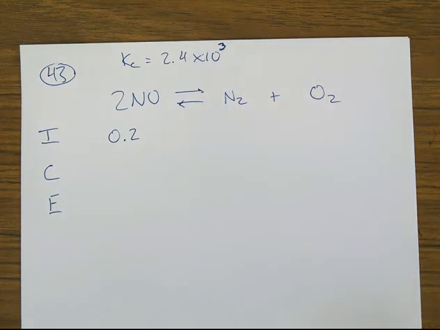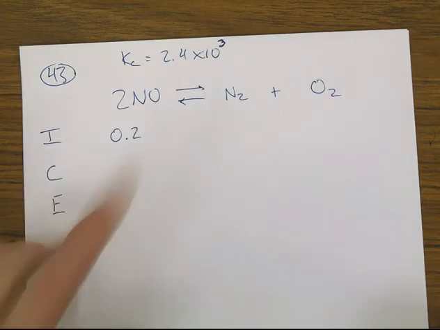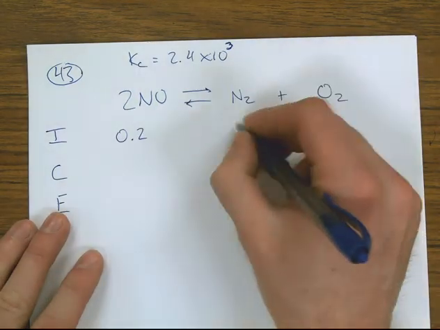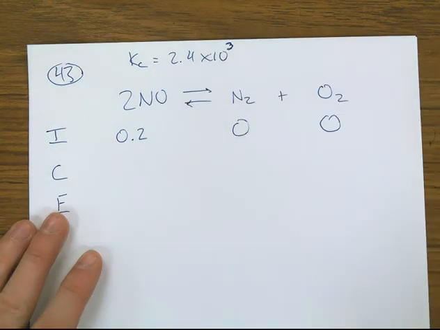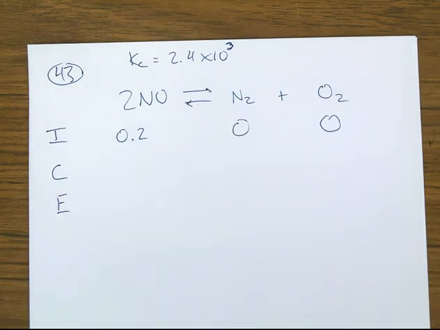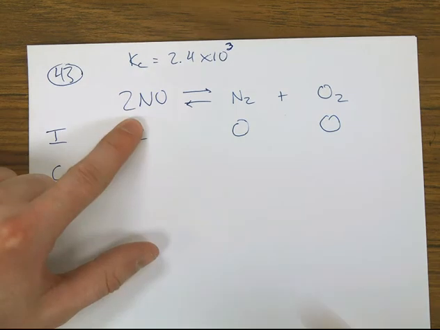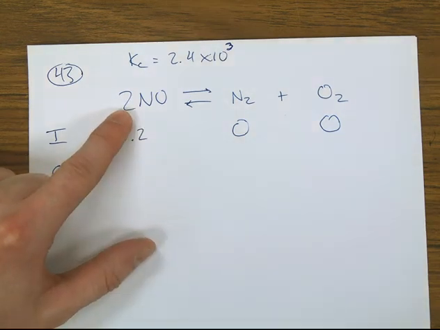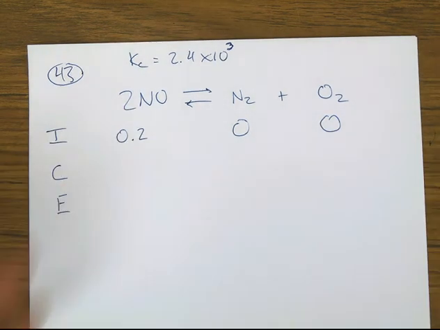So again, I'm starting with 0.2, and it says that that's the initial concentration of the nitrogen monoxide. It doesn't give you any information at all about the nitrogen or the oxygen. Assume that their concentrations are zero. So essentially, starting off with this, it reacts for a while, and then you end up with particular values for it at equilibrium.